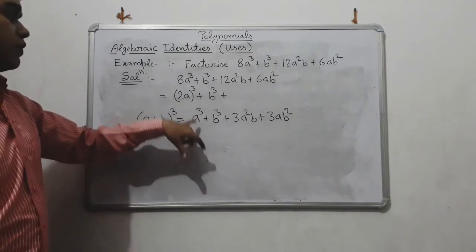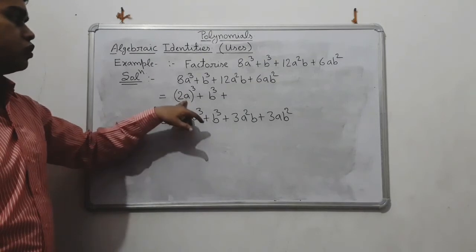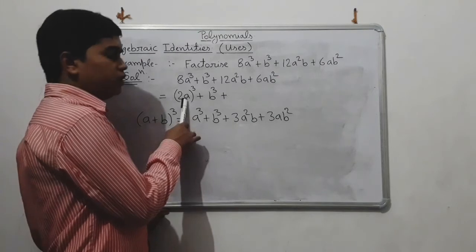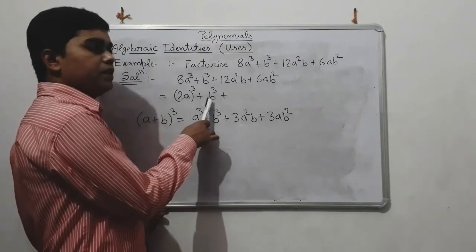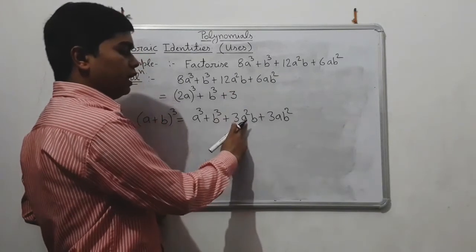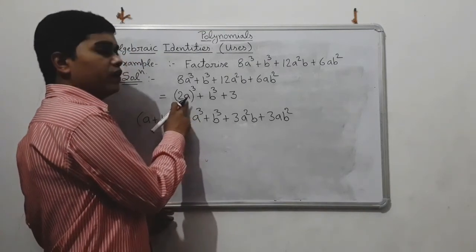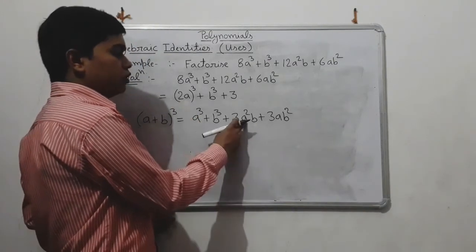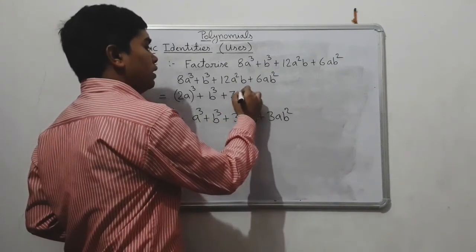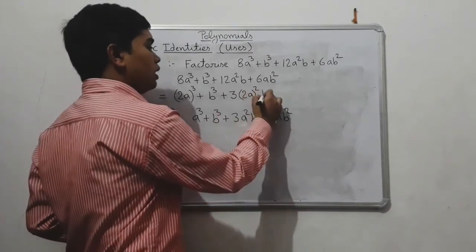Now see, a cube, so in the place of a we have 2a, so a cube means (2a) cube, and b cube is b cube. Now here you are taking 2a as a and b as b. Okay, so here what you will write: 3 you will copy, and see, in the formula you have a square, so in the place of a we write 2a. So here what can we write, in the place of a we will write 2a square into b, so b is b, okay, b is b.